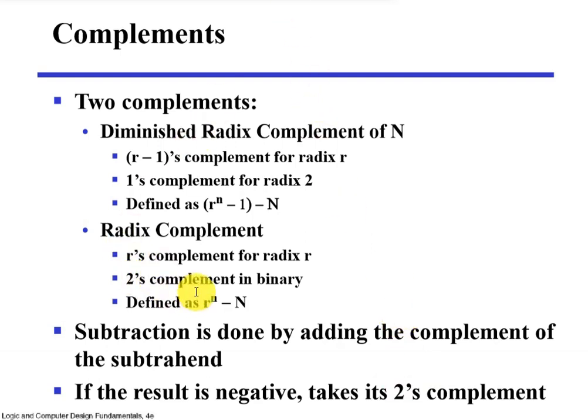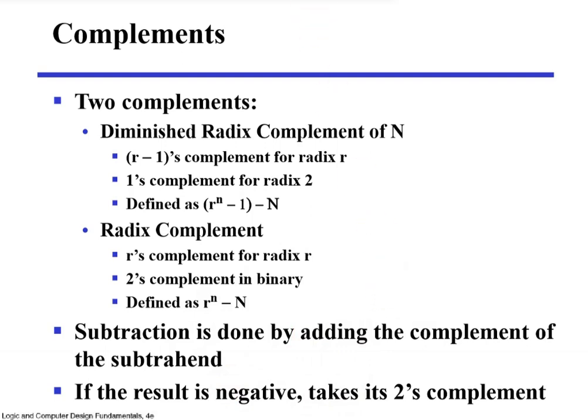The 10's and the 9's complement can also be obtained for decimal numbers. Since our interest now is in binary numbers and operations, we will deal with only 1's or 2's complement.